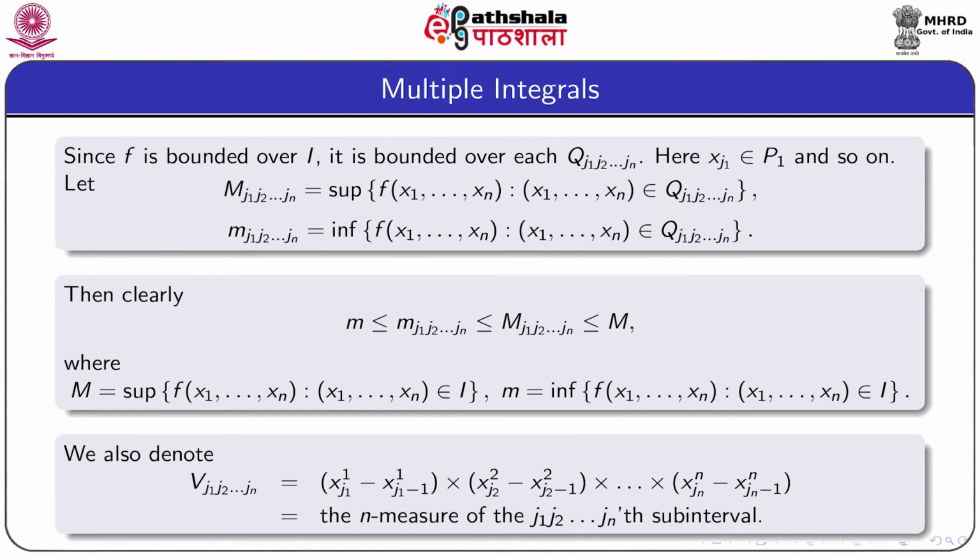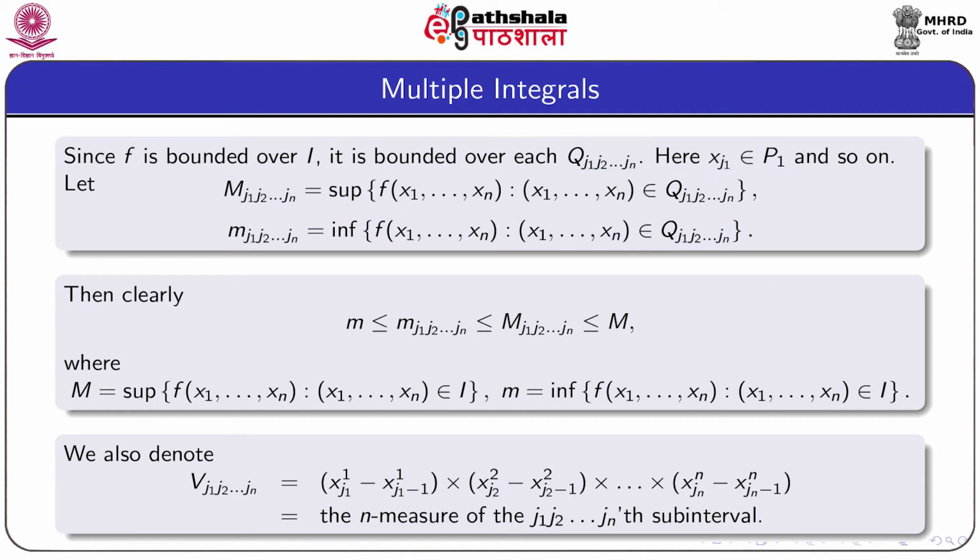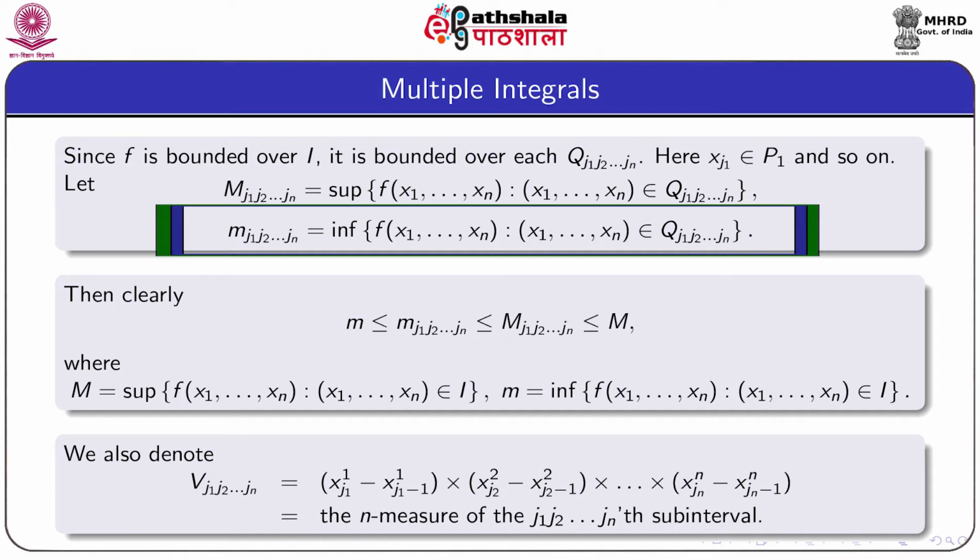Since f is bounded over I, it is bounded over each Q(j1, j2, ..., jn), because all Q(j1, j2, ..., jn) are subsets of I. Here xj1 is in P1 and so on. Let capital M(j1, j2, ..., jn) be defined by the supremum of f(x1, x2, ..., xn), where (x1, x2, ..., xn) is arbitrarily chosen from Q(j1, j2, ..., jn). Similarly, we define small m(j1, j2, ..., jn) with the help of the infimum of values of f over Q(j1, j2, ..., jn).